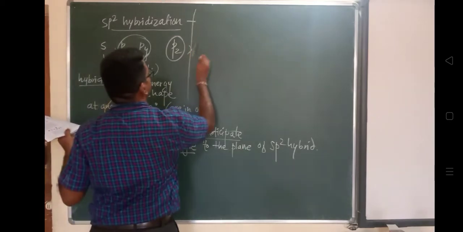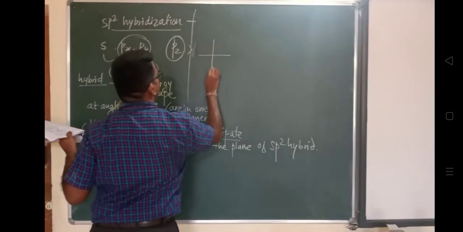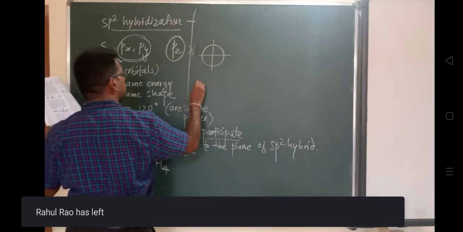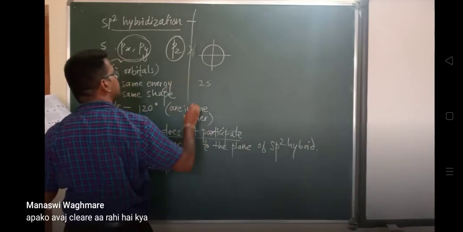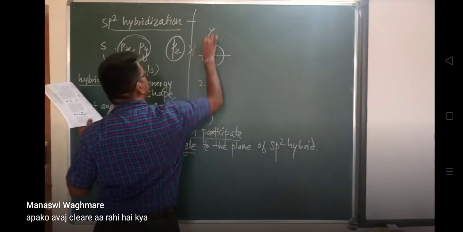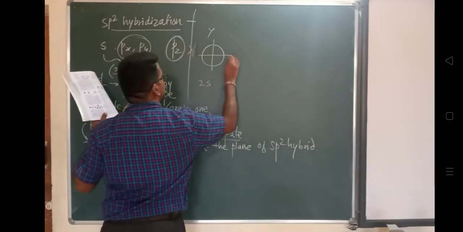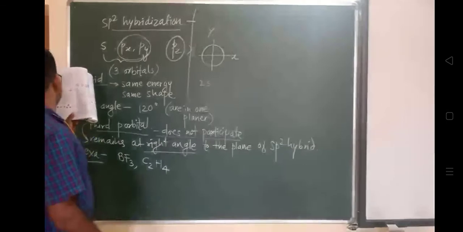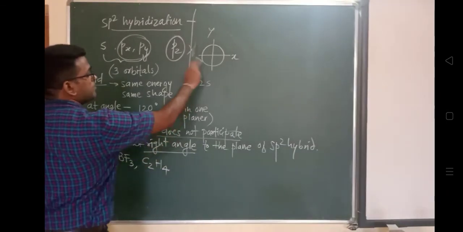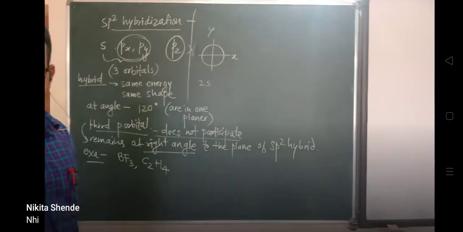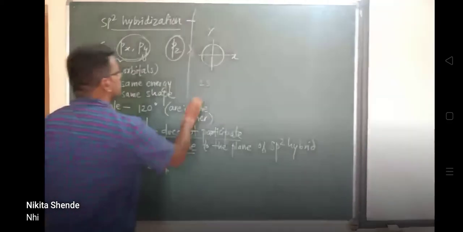Suppose this is the s orbital, which is spherical. This is the y axis and this is the x axis. So this is the orbital shape. The 2s orbital has a spherical geometry.